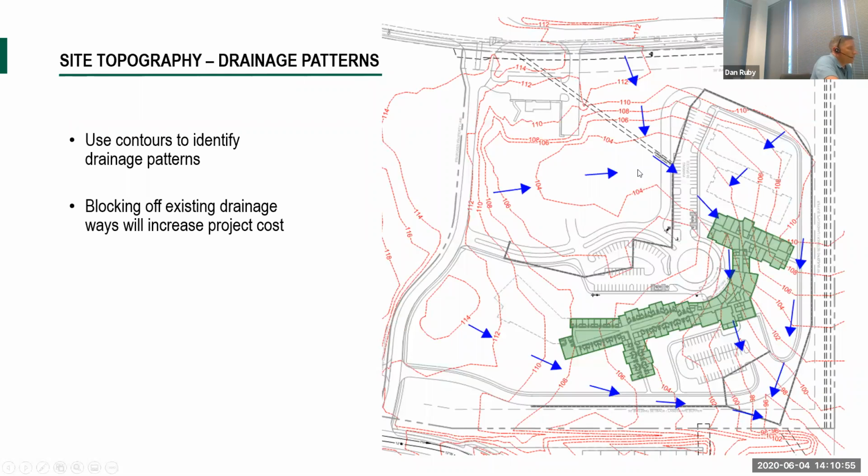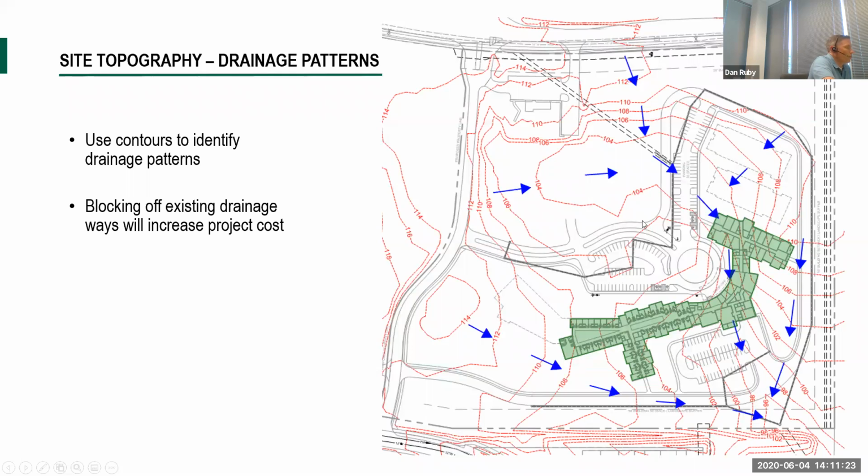Then the next area of consideration when we're looking at the topography is what are the drainage patterns? So drainage runs perpendicular to contours. And so we can kind of get an idea, and the arrows set up here show generally what we would anticipate drainage patterns being.